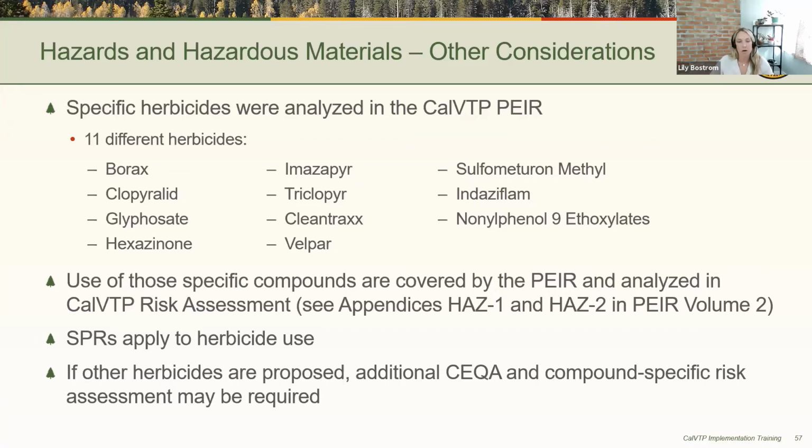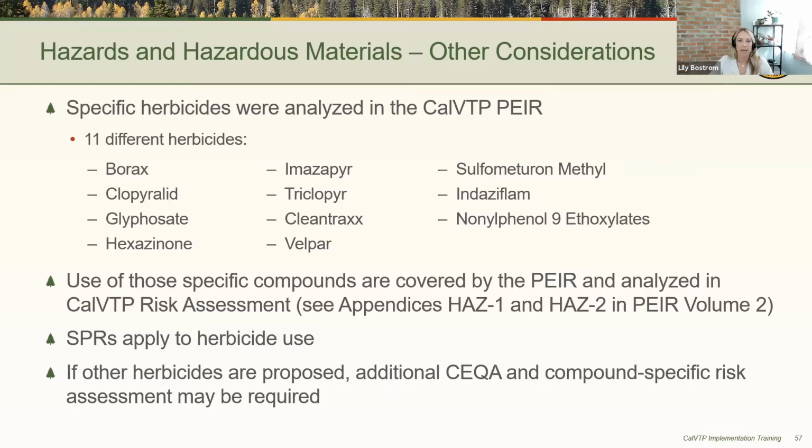Just be aware that there are some standard project requirements that do apply to herbicide use for things like the avoidance and minimization of things like herbicide drift. And if other herbicides are proposed, then additional CEQA in the form of an addendum may be required, as well as a compound-specific risk assessment.